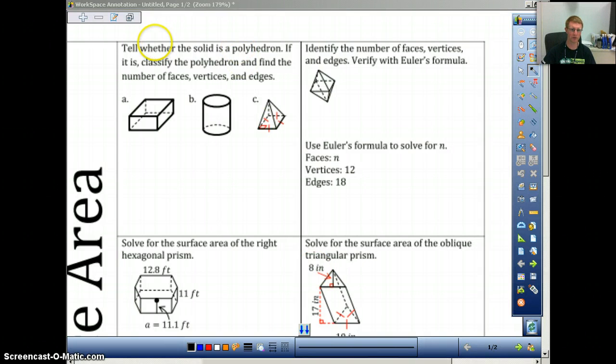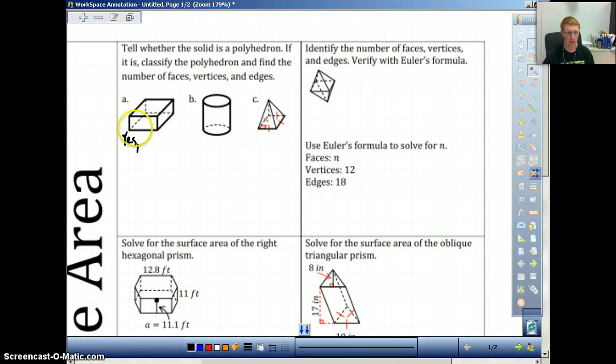It says, tell whether the solid is a polyhedron. If it is, classify the polyhedron and find the number of faces, vertices, and edges. Okay? So the first one, this is a polyhedron because it does have polygons as its bases. So yes, it is. And then we're going to name it.